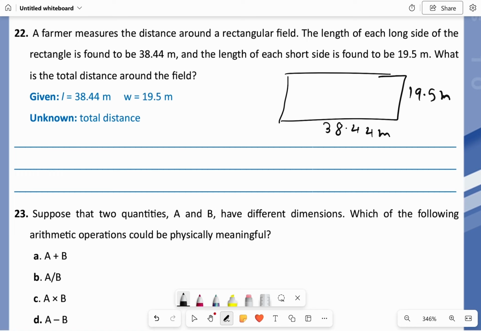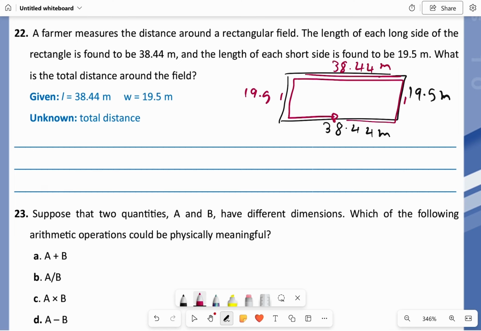So if you try to move from this point, you go all this way and you come back here, okay? What will be the total distance? So guys, you can see that these two are equal, so this one will be 19.5. These two are equal too, so this one will also be 38.44 meters.